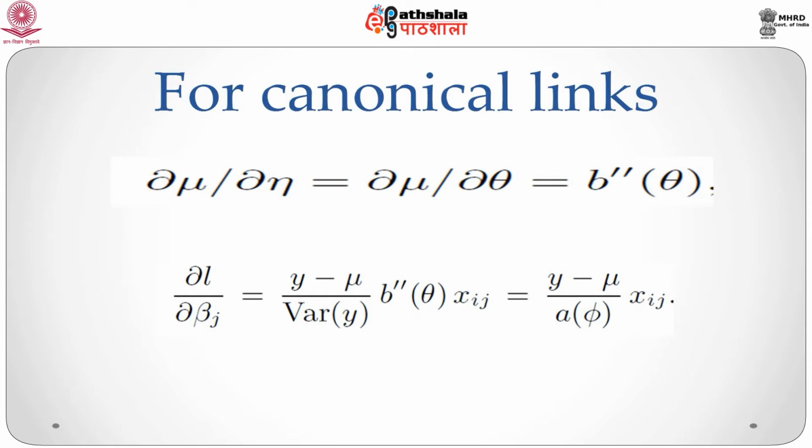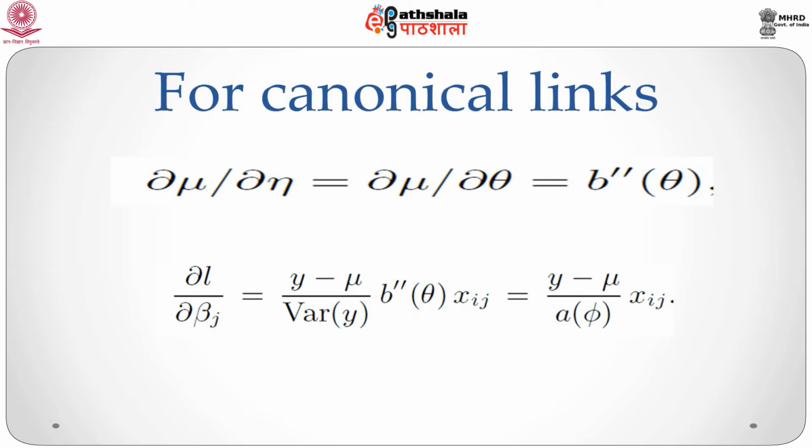So this means that for canonical links, the score function simplifies further and can be given by del L del beta j equal to y minus mu over variance of y into b double dash theta into x i j, and using the fact that b double dash theta is the variance of y for the exponential family, this simplifies further into y minus mu over a phi into x i j.